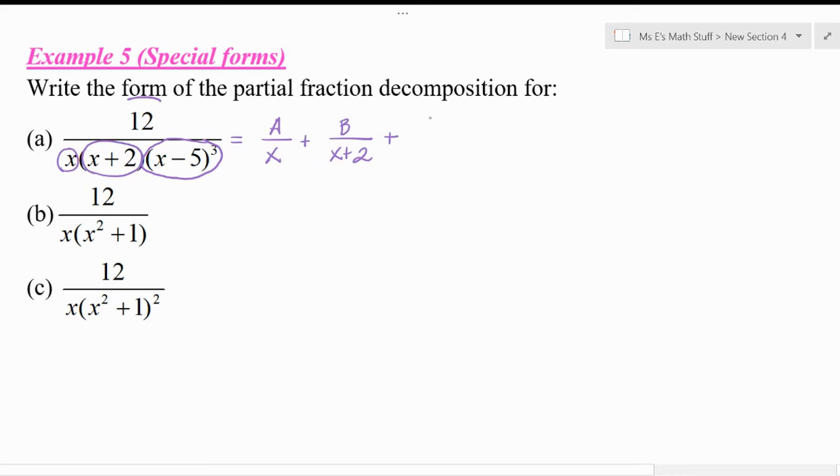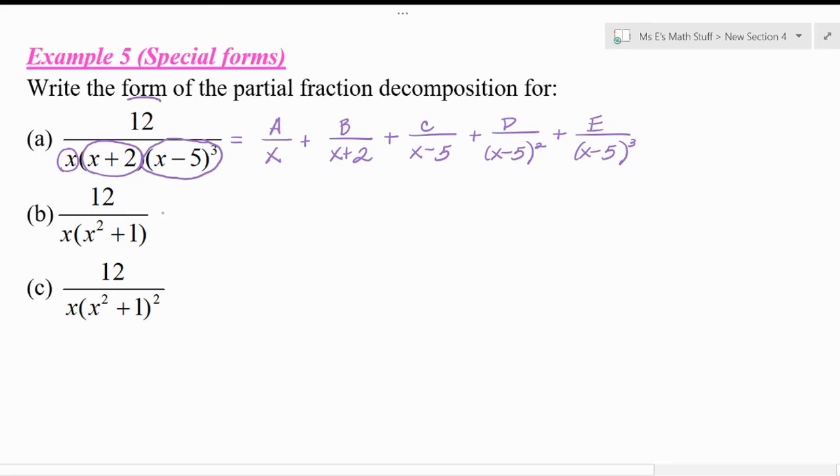But for the repeated part, you're going to have a constant over x minus 5, plus a constant over (x minus 5) squared, plus a constant over (x minus 5) cubed. That would be the form for this case where you have a repeated linear factor of x minus 5.